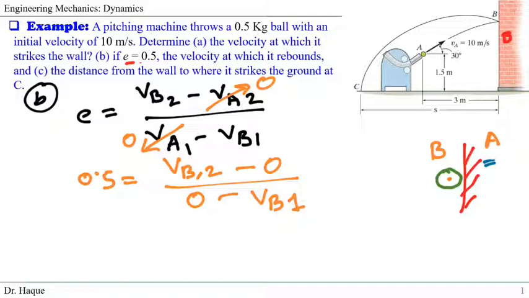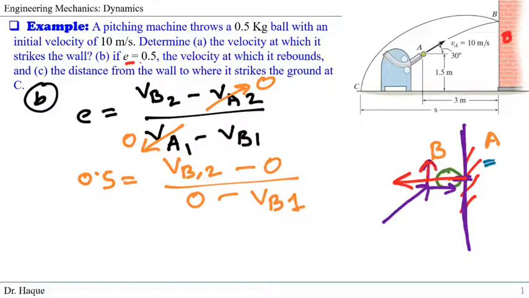Now VB1, another thing you have to consider, which is very important in this problem: when you have impact of the ball, even though the ball is moving in this direction, it has X and Y components. Since the wall is flat and straight, not at an angle, during the impact the wall will react only with the X component.